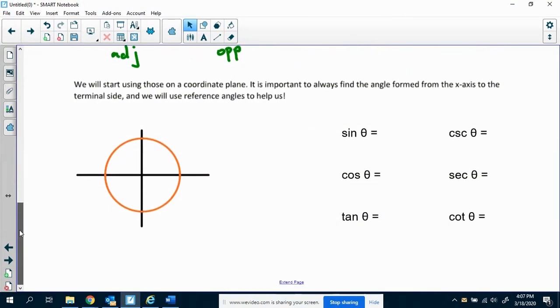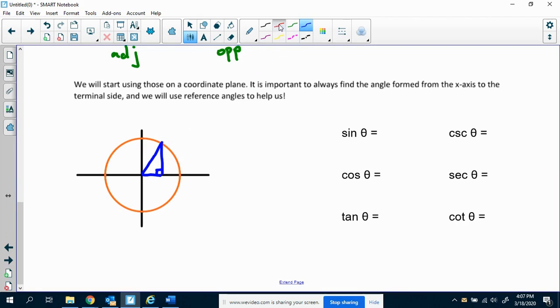Well, this year we will start doing those on a coordinate plane. And it's important to know that when we do this on a coordinate plane, we're kind of thinking about it in terms of a circle. And so if I have some sort of triangle that I'm forming, remember I always draw my side of the triangle to the x-axis, and the x-axis forms the other side of the triangle.